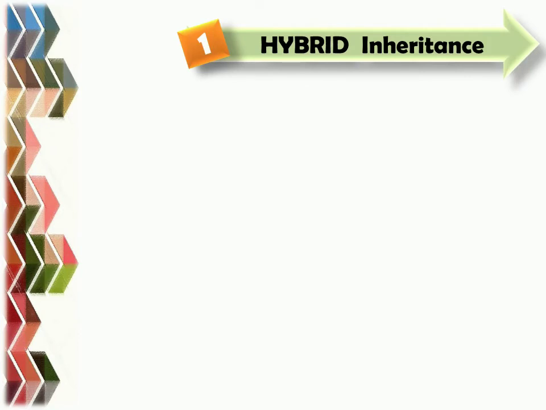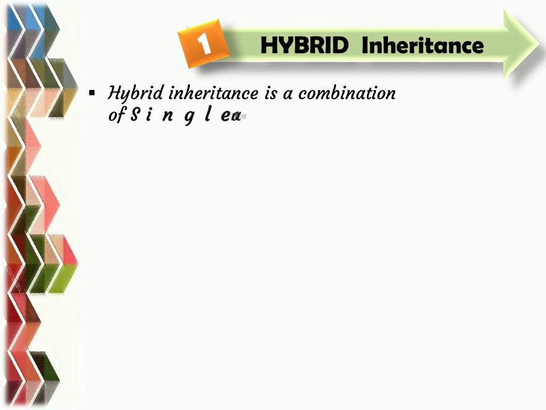Next we'll move on to hybrid inheritance. Hybrid inheritance is a combination of single and multiple inheritance.